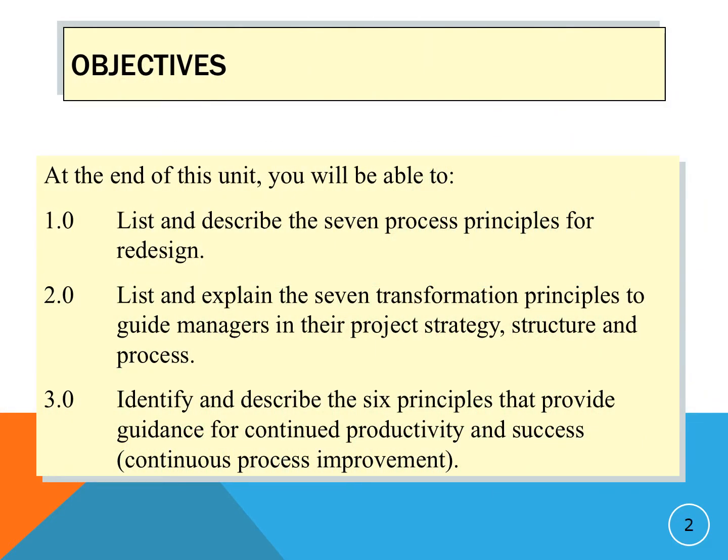So the objectives of this chapter: at the end of this chapter, you will be able to list and describe the 7 process principles for redesign, list and explain the 7 transformation principles to guide managers in their project strategy, structure and process, and identify and describe the 6 principles that provide guidance for continued productivity and success, which is continuous process improvement.